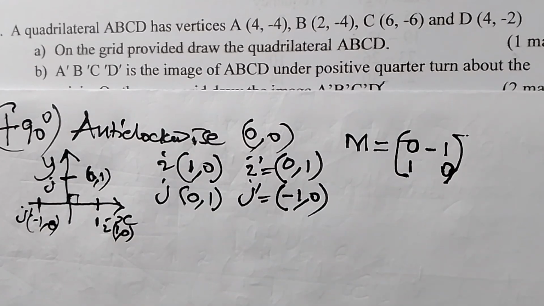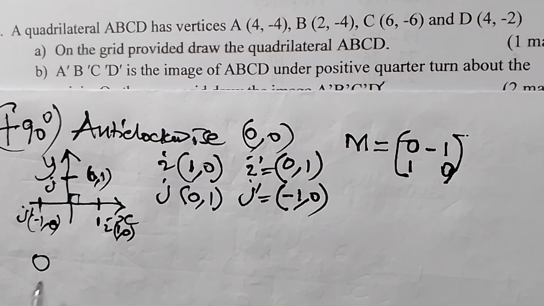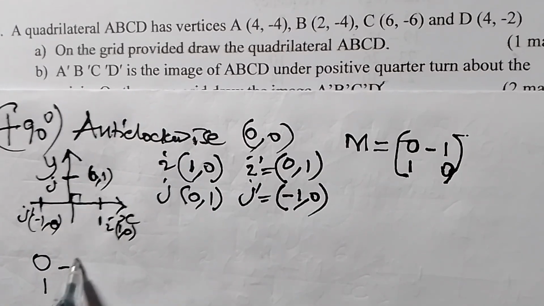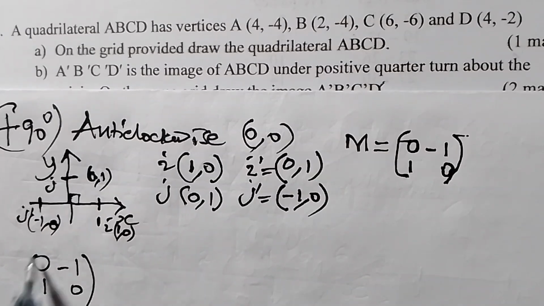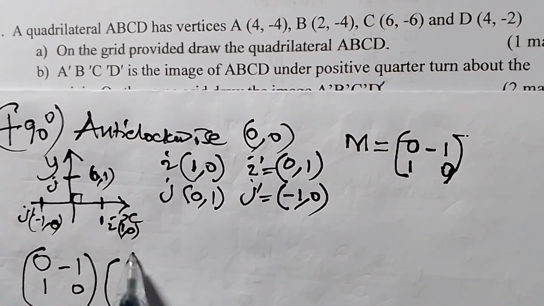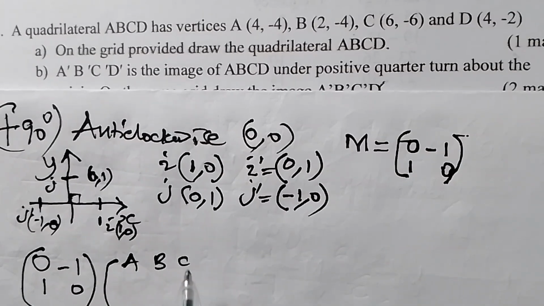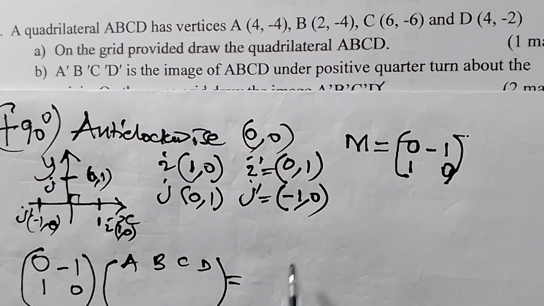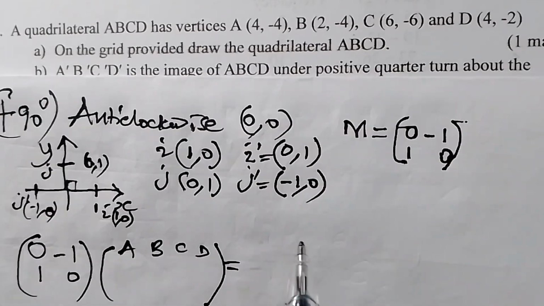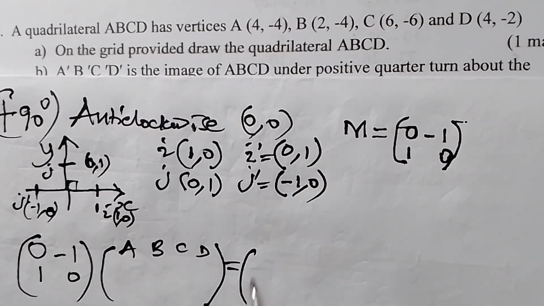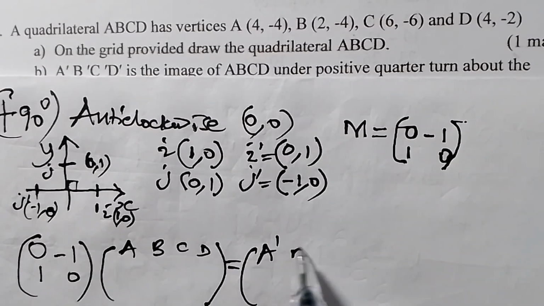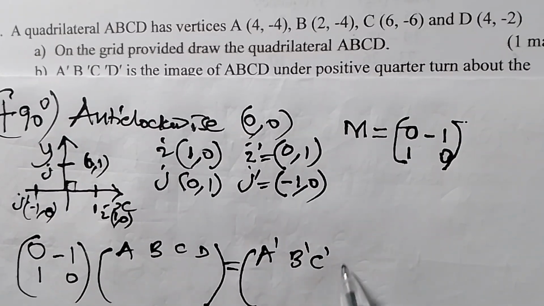So we take the matrix M, multiplied by the points A, B, C, D, to give us the image points A1, B1, C1, D1.